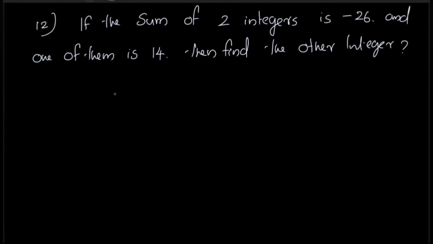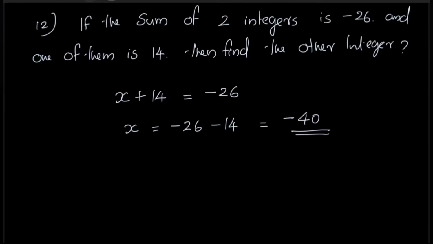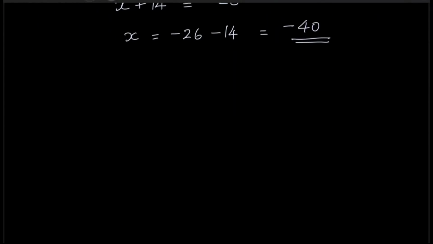Let us assume the unknown number is x. Then x is added with 14, we get the answer as negative 26. So for finding x, leave x on the left-hand side itself and take the 14 to the RHS. So negative 26, taking this positive 14 to the right side, it will become negative 14. So altogether it is equal to negative 26 plus negative 14 equal to negative 40. So our required answer is negative 40.